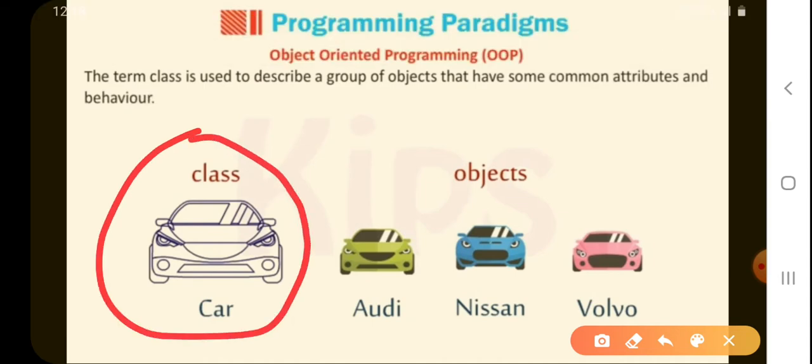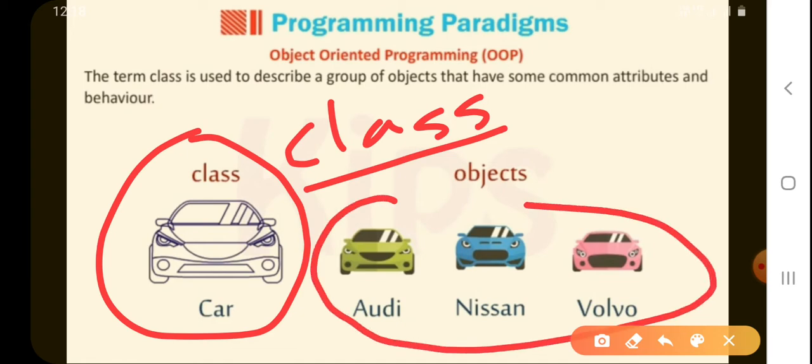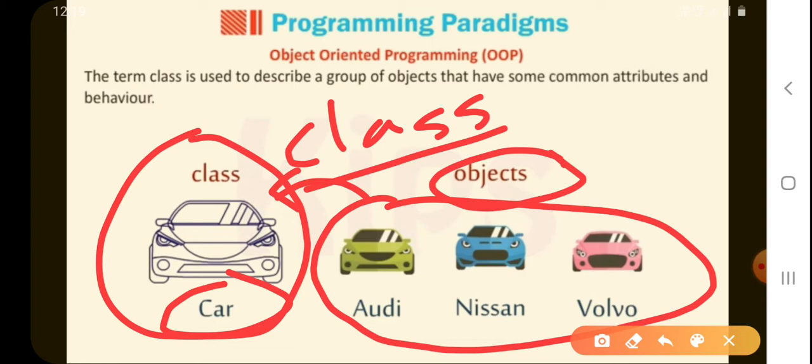If we talk about the class car, these are three different cars. But at the end of the day, these three are cars. So we can say that these three objects, the Audi car, the Nissan and Volvo, belong to the same class, which is car, because they have some common attributes and some common behavior. That's why these cars belong to the class car.